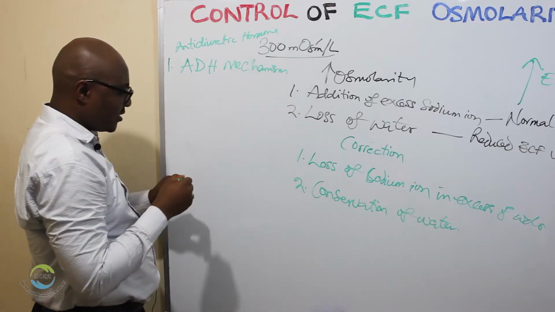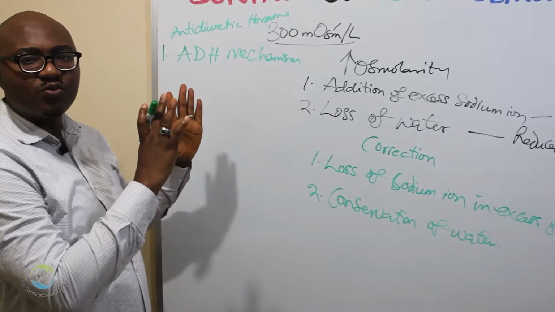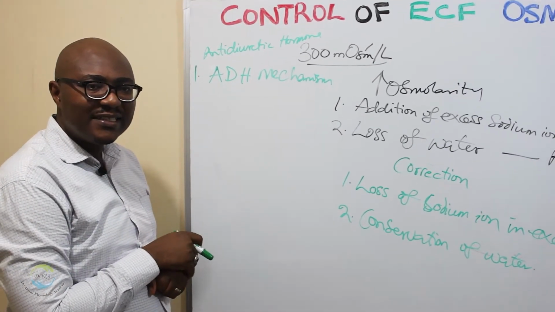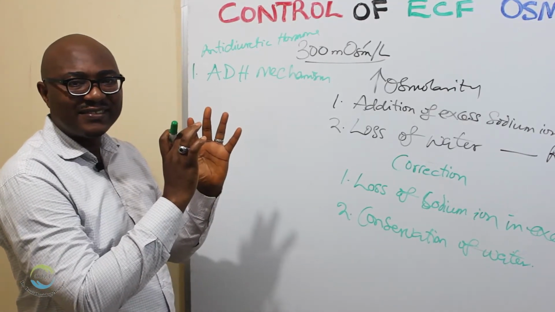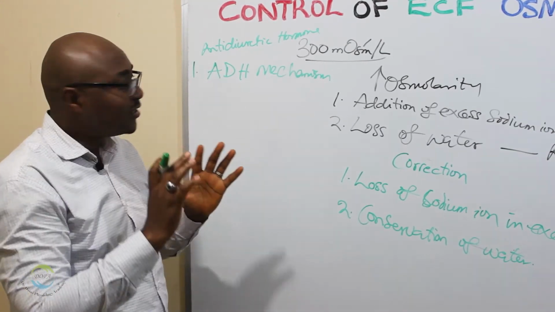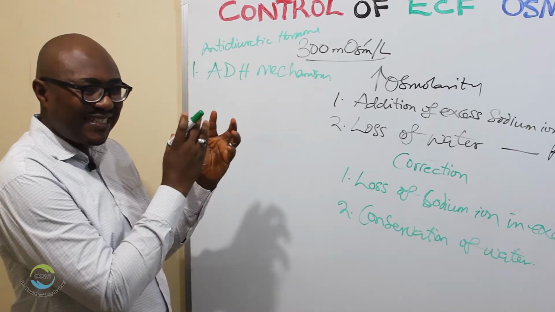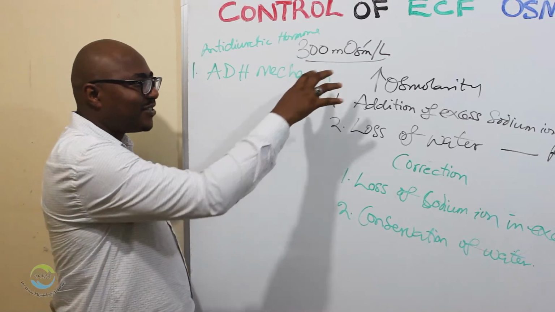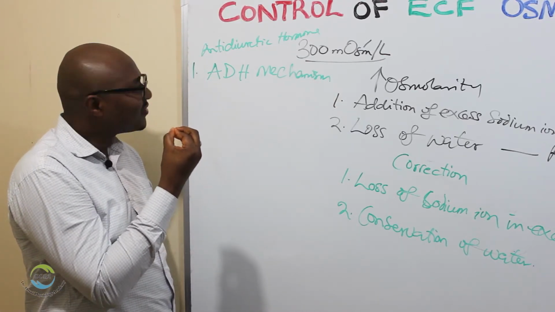This is quite easy. When there is increased osmolarity, what happens is that there are cells in the hypothalamus. Okay, they are osmoreceptors. And those cells are sensitive to osmolarity in the sense that when there is increased ECF osmolarity, it leads to shrinkage of the cells.